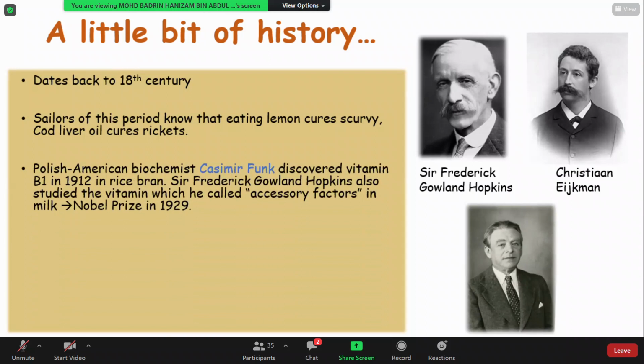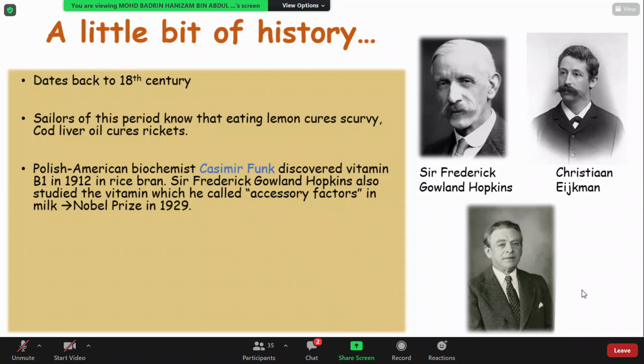So in 1912, the Polish American biochemist Casimir Funk, the guy on the bottom here, discovered vitamin B1 in rice bran. And then later on, Sir Frederick Gowland Hopkins, the guy here on the left, also studied vitamins, which he called accessory factors in milk.